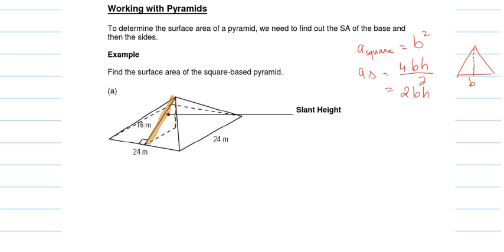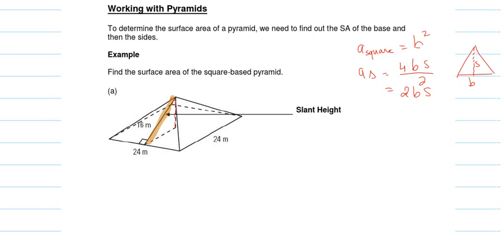That's why they use the S instead of the H. So basically, we're going to erase that H and replace it with S, which represents the slant height of the triangle. Which is still the height of the triangle, but not the height of the pyramid itself. Do you guys understand where they came up with this formula? Good. All right.